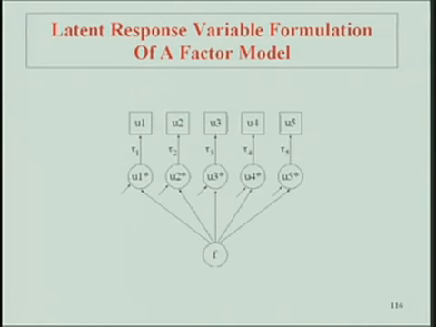we can write it by introducing this layer of latent response variables, U stars. We don't have to. We can say that F directly influences U through a logistic or probit regression, but we can conceptualize it as an equivalent model, saying that this is a linear regression here, and then when U star exceeds the threshold, tau 1, the observed U1 equals 1.